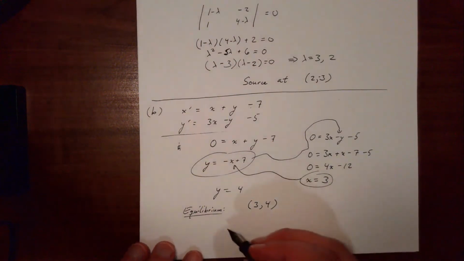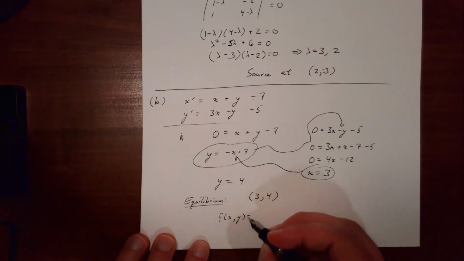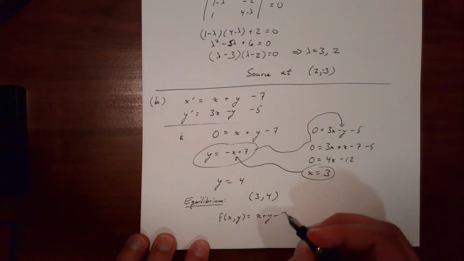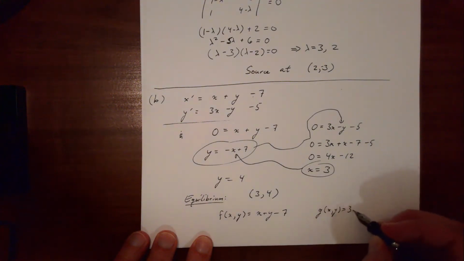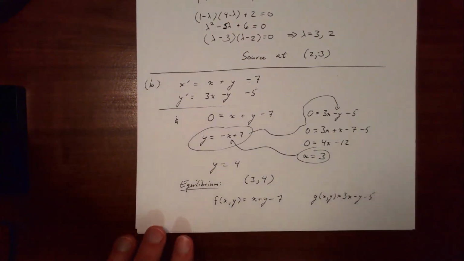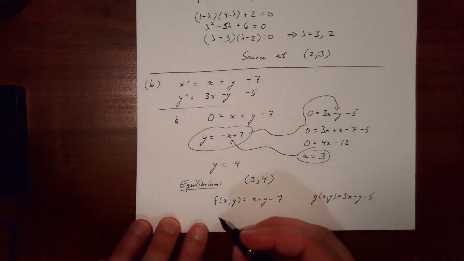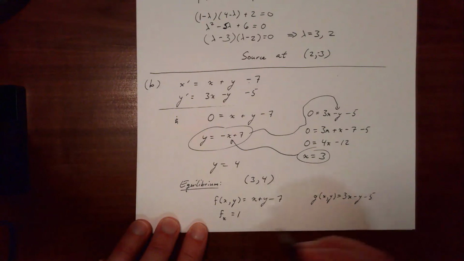Okay, well then, now let's just define what our f and our g are. F of x, y is equal to x plus y minus 7. G of x, y is 3x minus y minus 5. And so then f sub x, so the partial derivative of f with respect to x, is going to be 1 plus 0 plus 0.